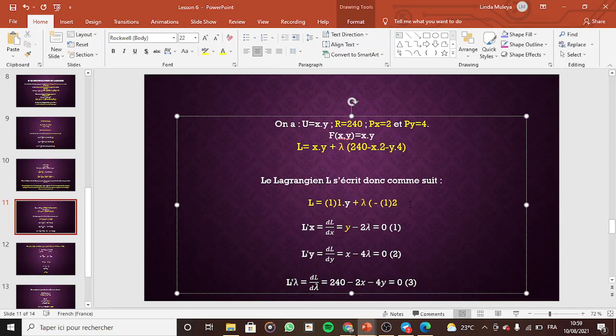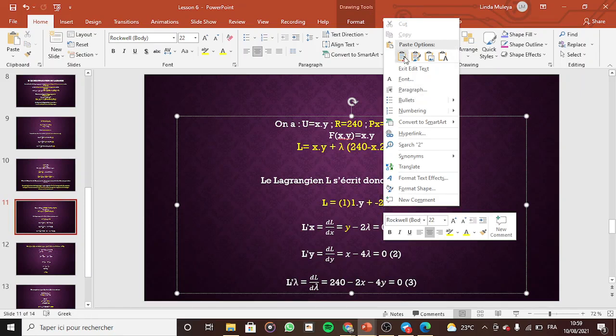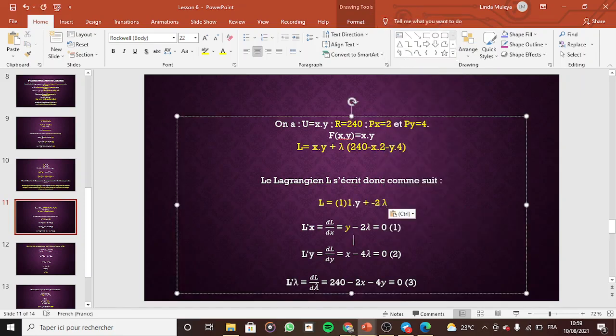Negative 1 times 2 is negative 2. Negative 2 multiplied by Lagrange becomes negative 2 times Lagrange. We'll cut this and put it here, and that brings you to our first equation: y minus 2 Lagrange, and this is always equal to 0.